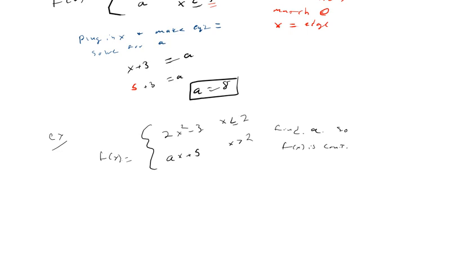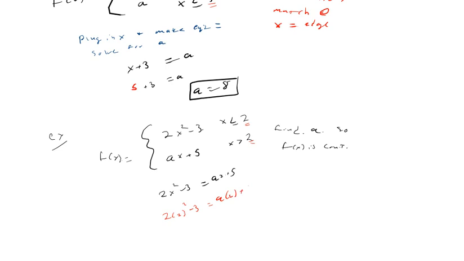So what I need to do is set my two sides equal, 2x squared minus 3 equals ax plus 5, and then I plug in my 2. Plug in my 2 into all the x's. So this is 2 times 2 squared minus 3 equals a times 2 plus 5. And then I solve for a.